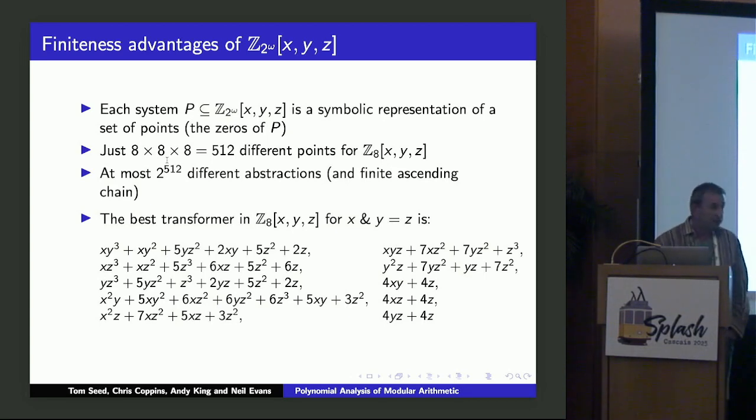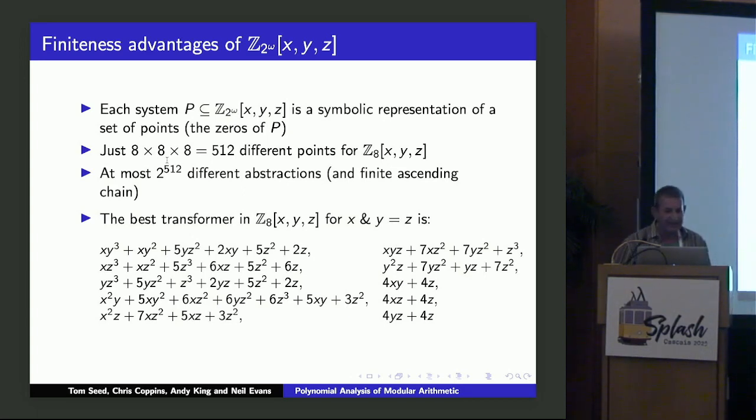The force of this is that it allows us to systematically calculate best transformers for some completely wacky sequences of operations, to get some very interesting abstractions, a very tractable way of reasoning about sequences of bit-level operations. And here's a particular example.